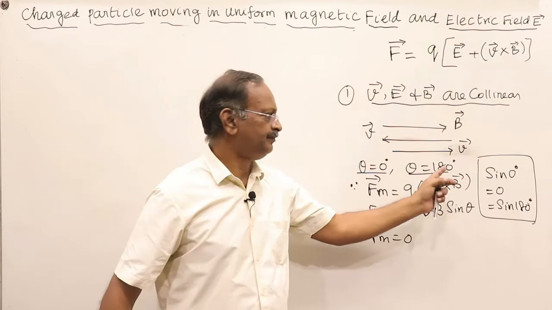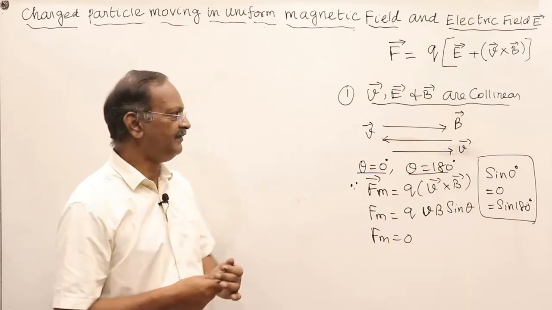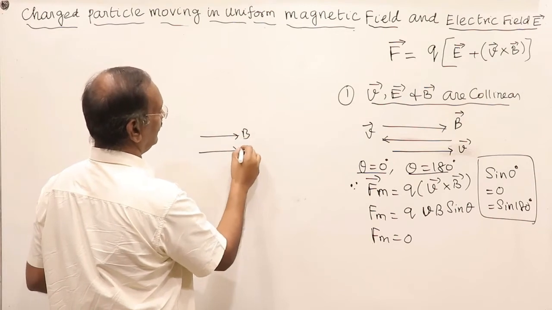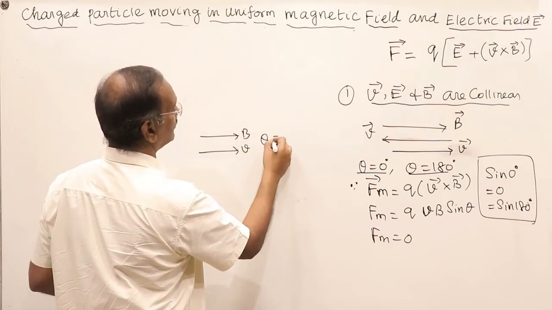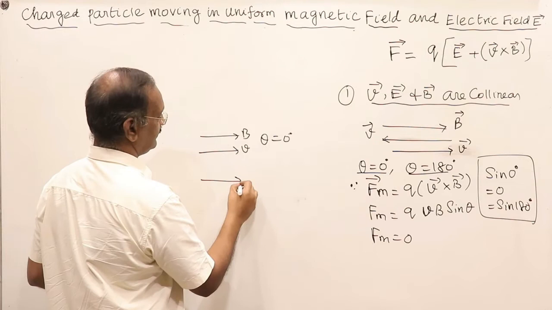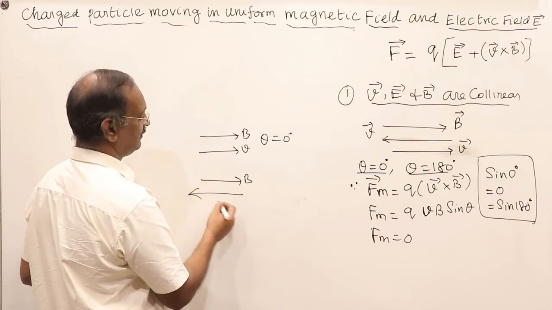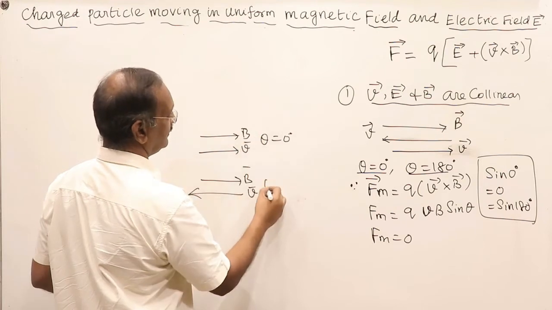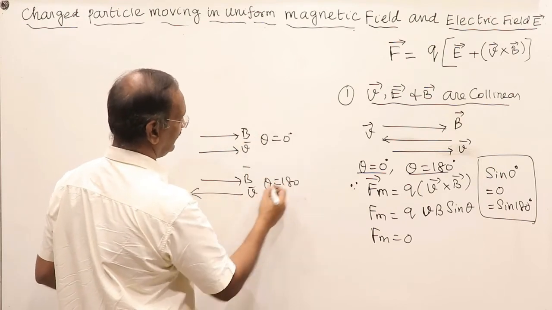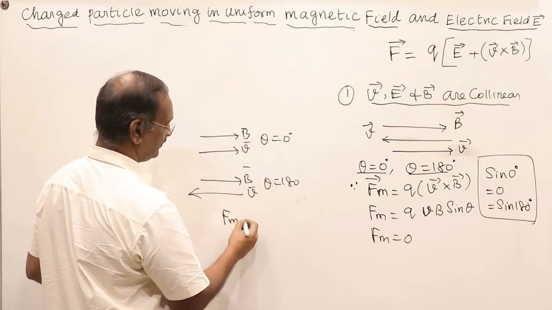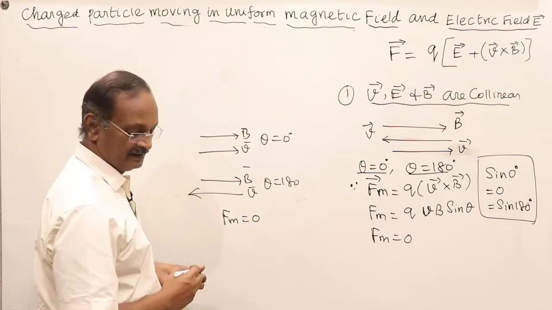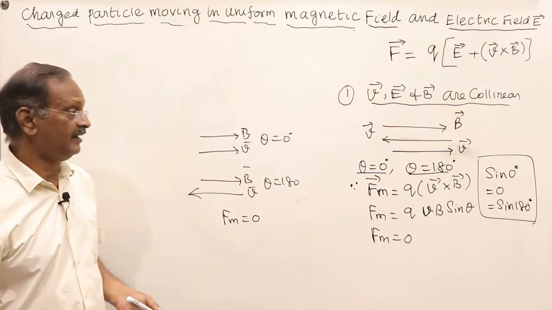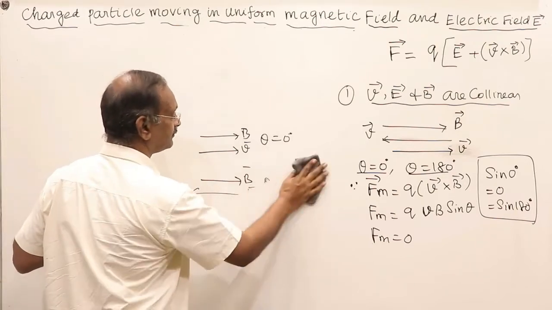In that condition, the angle between the magnetic field and velocity is theta equal to 0 degrees, or in this case theta is equal to 180 degrees. In both cases the force due to the magnetic field is equal to 0. But now what about the electric field?